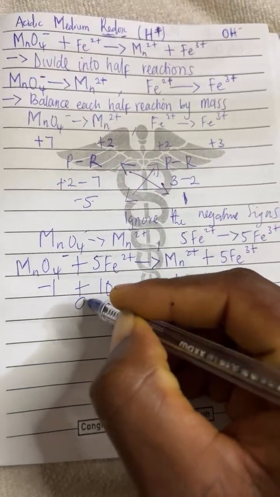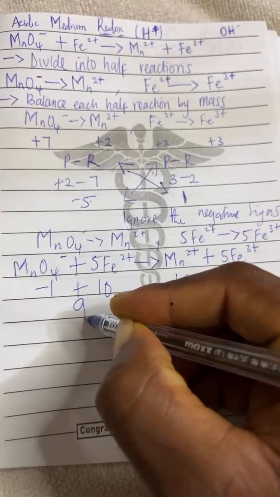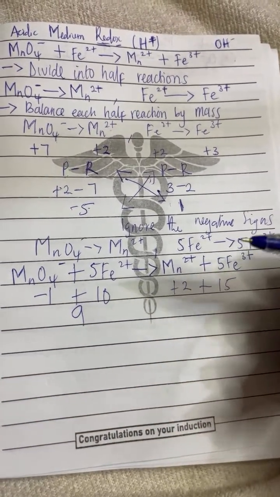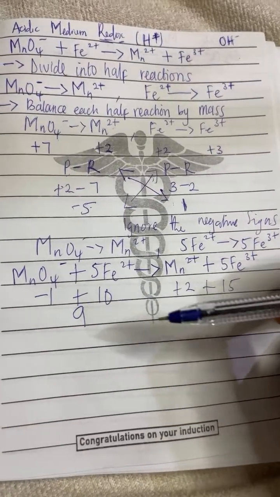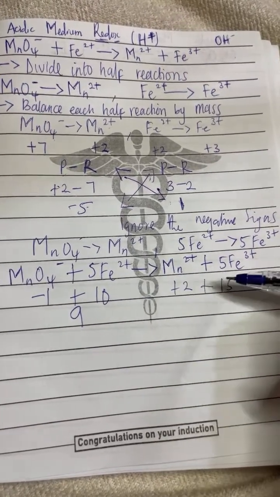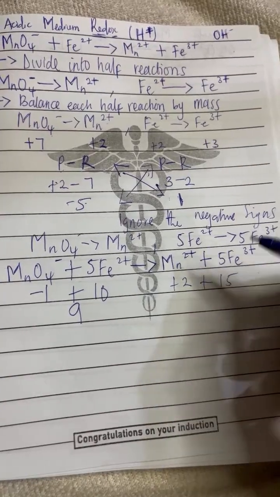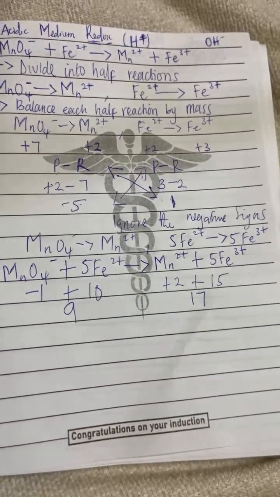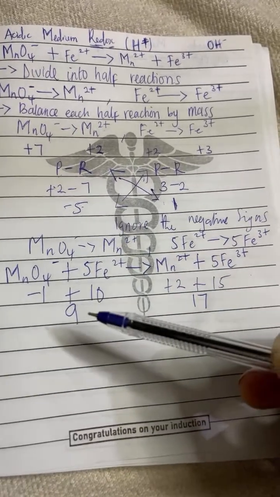Nine. Right? -1 plus 10 is 9. 2 plus 15 is what? 17. Right? So now, look at the difference.